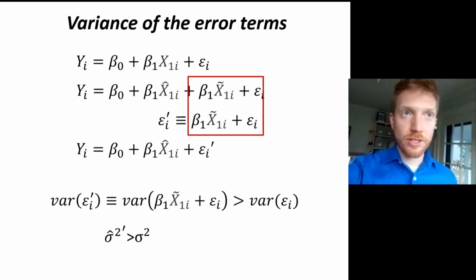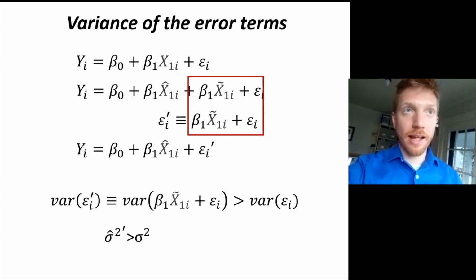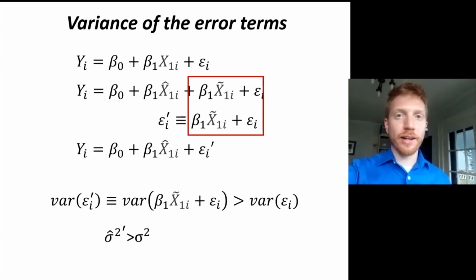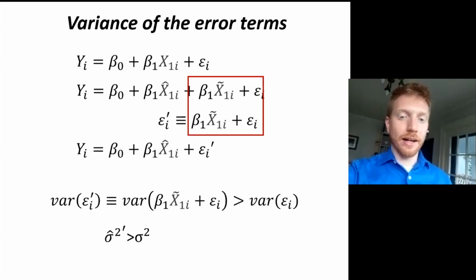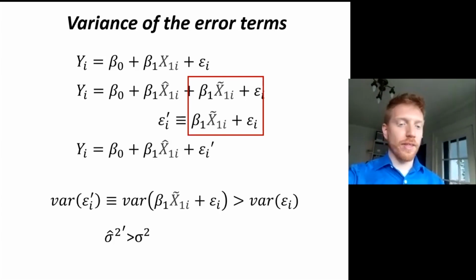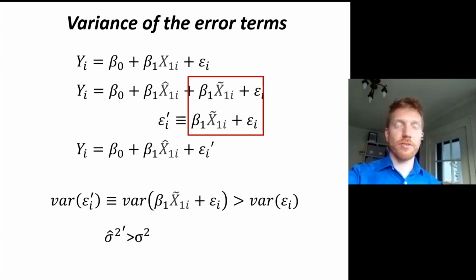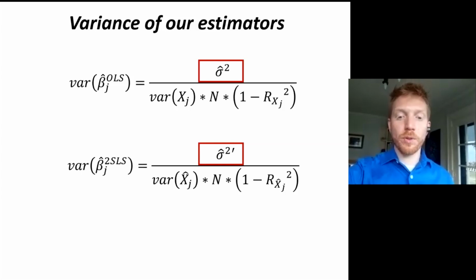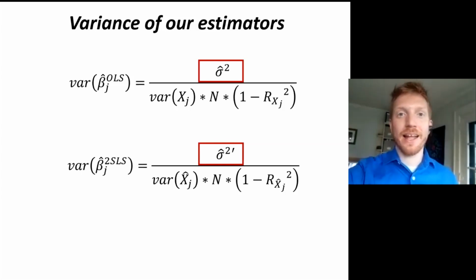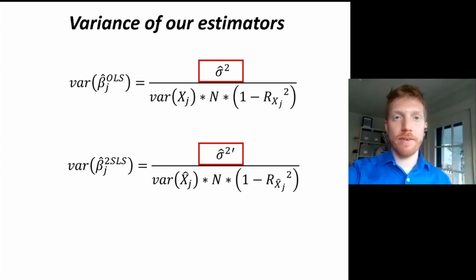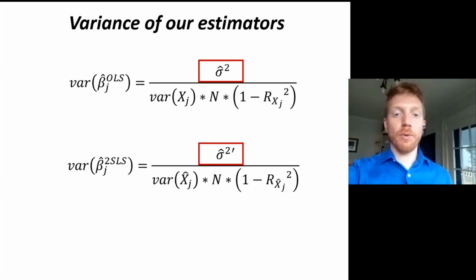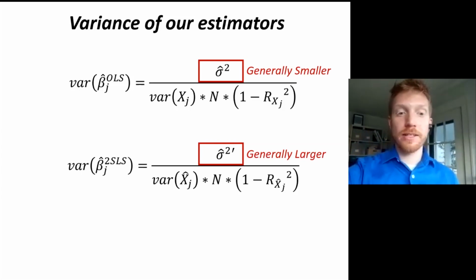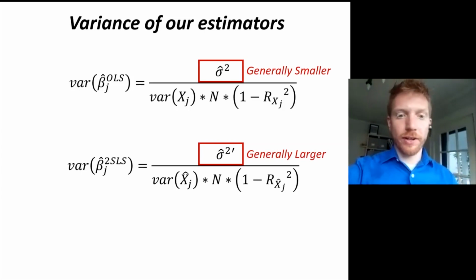We know that there is some correlation between x and the error term itself, the original error term, and in some rare cases, it could be that that correlation is both negative and large enough that this might not strictly hold, but as a rule of thumb, this is going to be the case. So when we're looking at the variance of beta hat, and we know that it's depending on the variance of the error term, we know that generally we have a smaller variance with OLS, the error term, and a larger variance with two-stage least squares.